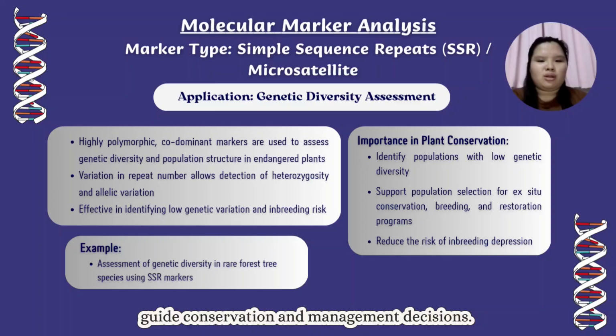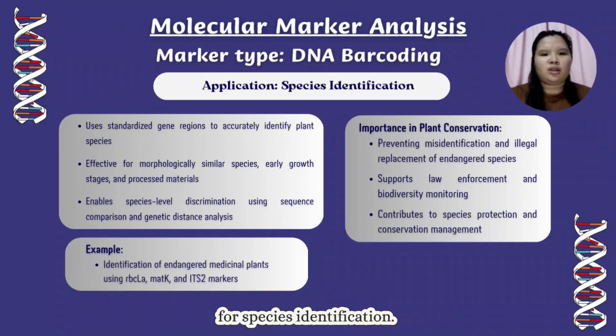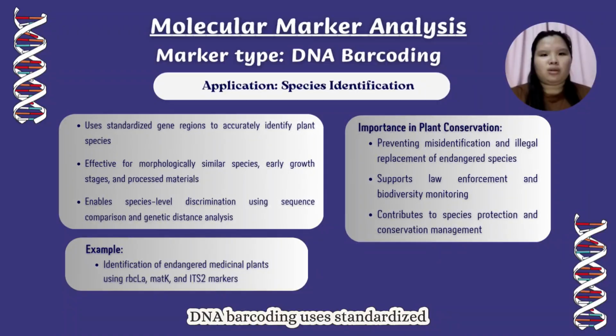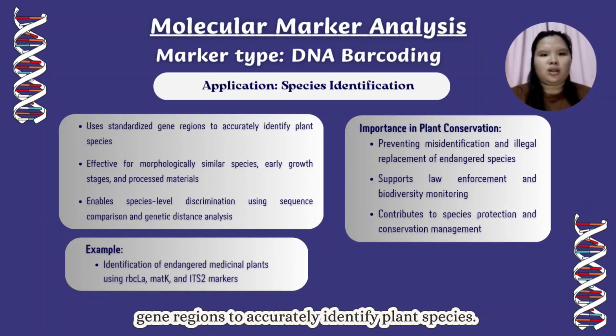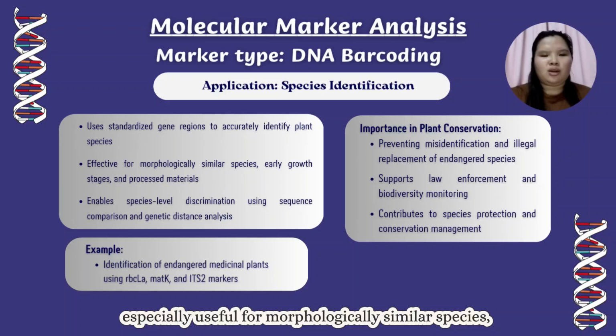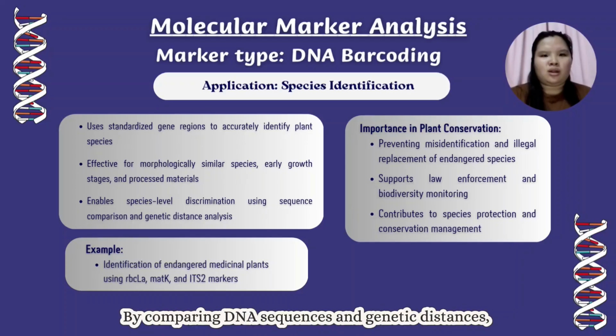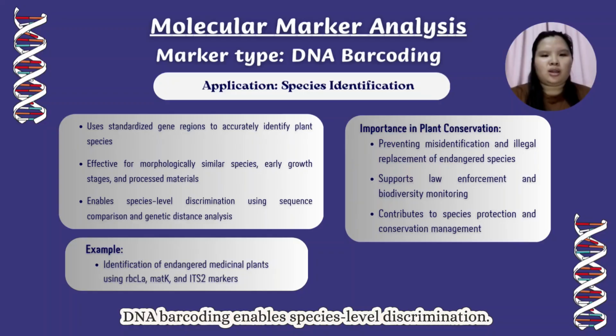The second application is DNA barcoding for species identification. DNA barcoding uses standardized gene regions to accurately identify plant species. The method is especially useful for morphologically similar species, early growth stages, and processed plant material. By comparing DNA sequences and DNA distance, DNA barcoding enables species-level discrimination.